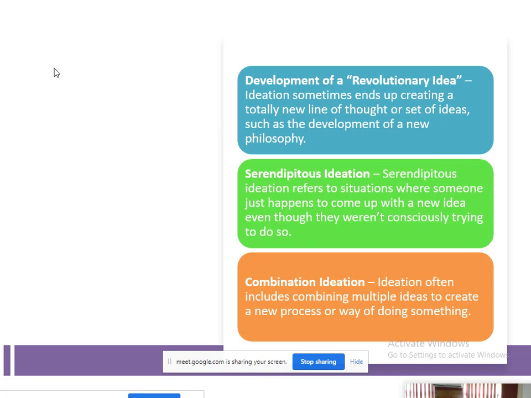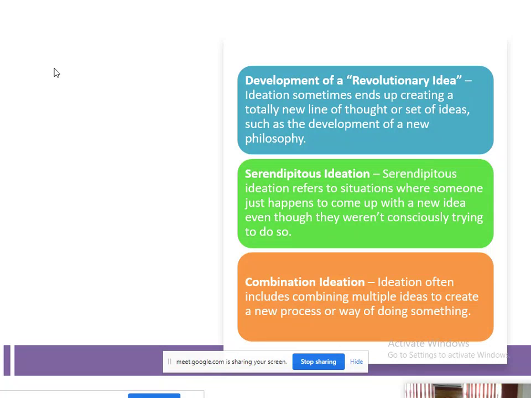Okay, because a revolutionary idea, you must have that. Otherwise, you will not be able to have a set of ideas, or you will not come up with new ideas. So you have to think out of the box, so that you can develop a new product, or you can have an innovative product. Okay?